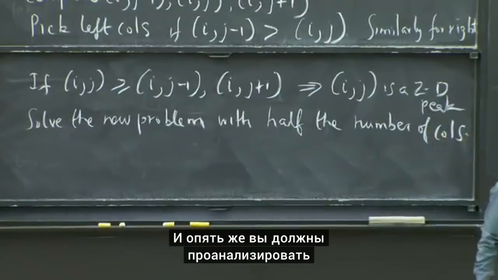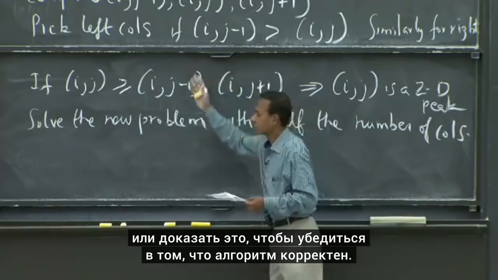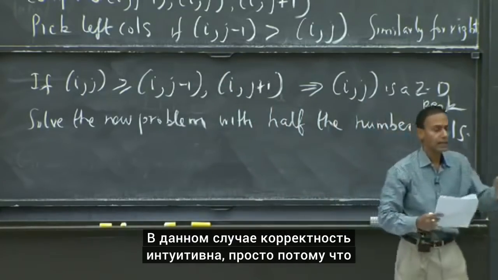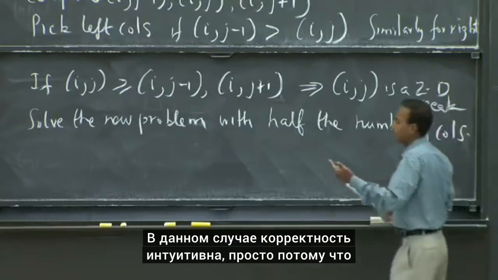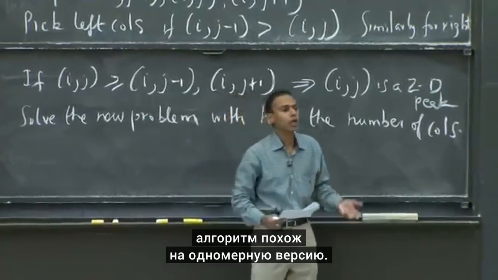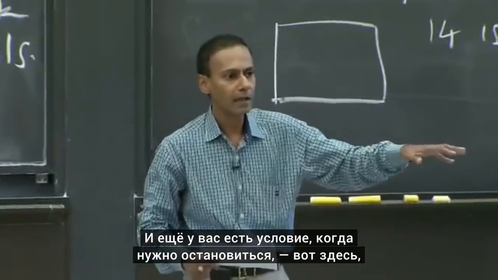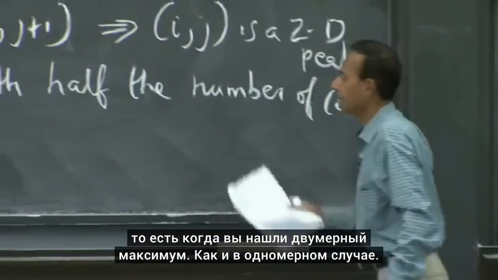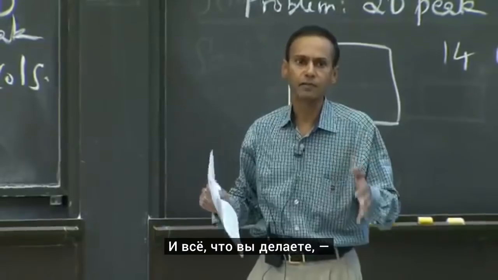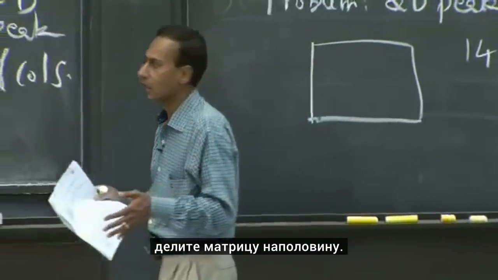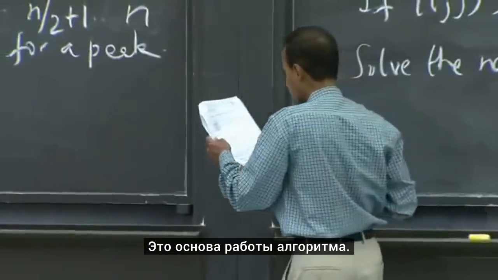And again, you have to go through an analysis or an argument to make sure that this algorithm is correct. But it's intuitively correct simply because it matches the 1D version much more closely. And you also have your condition where you break away right here, where you have a 2D peak, just like the 1D version. And what you've done is break this matrix up into half the size. And that's essentially why this algorithm works.